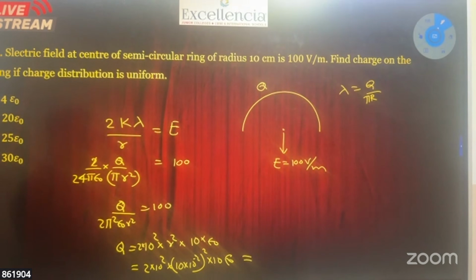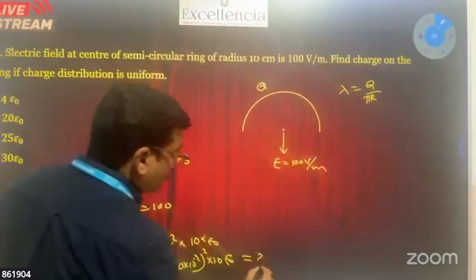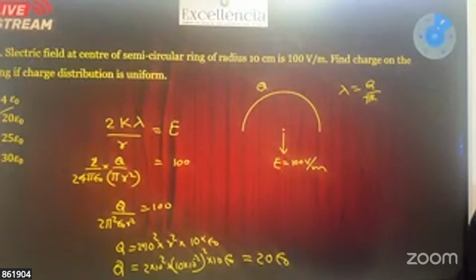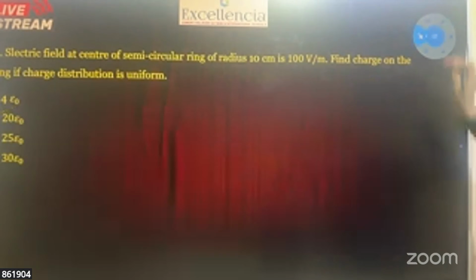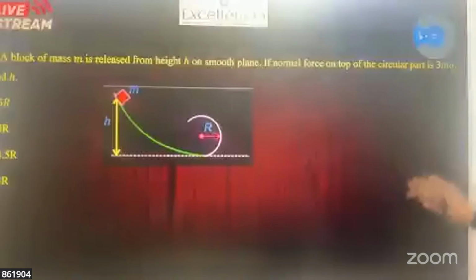So we can find out the value of charge, which comes out to be 20 epsilon naught pi. And this will be the correct answer. The question is from electrostatics.